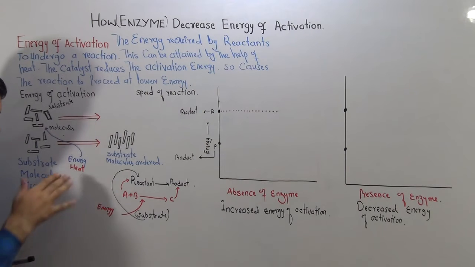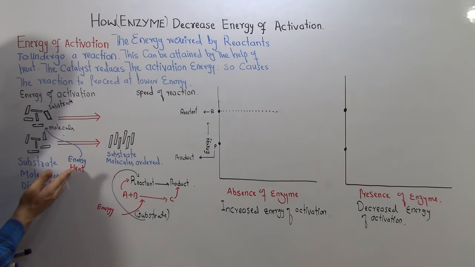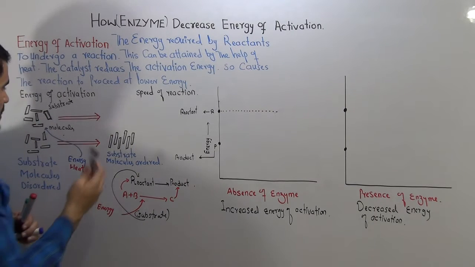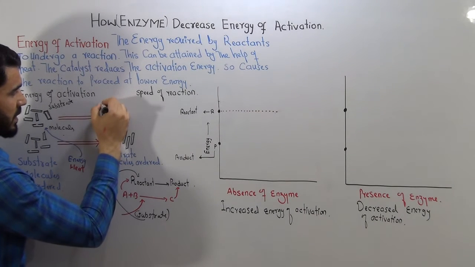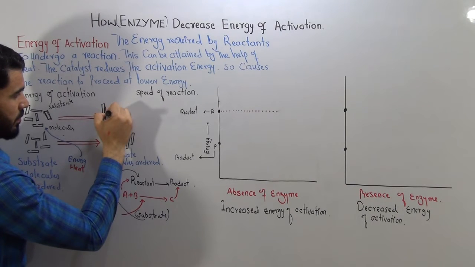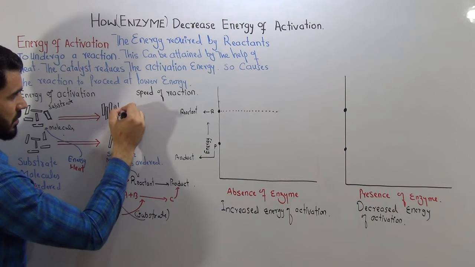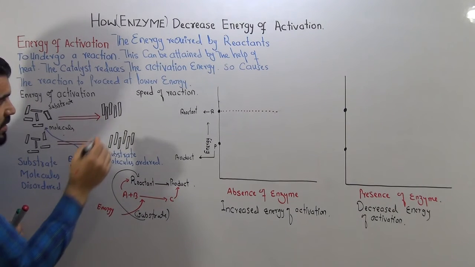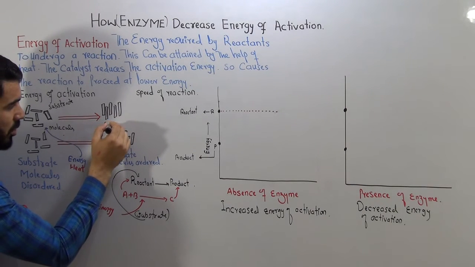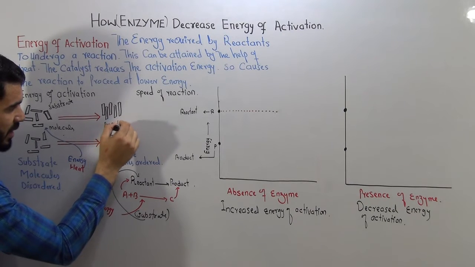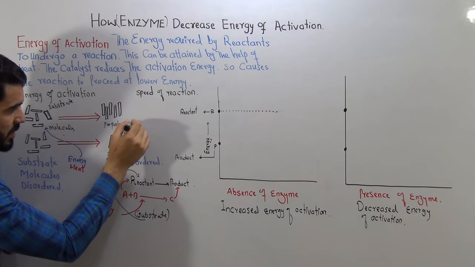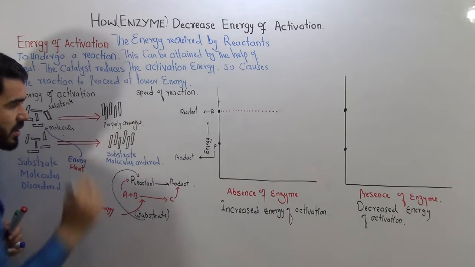In some reactions you provide heat. This heat, which is a sort of energy you provide to these molecules, makes the molecules attain proper arrangement. These are now properly arranged.